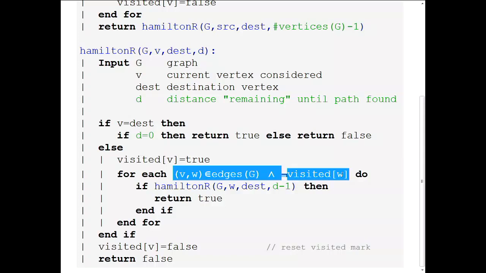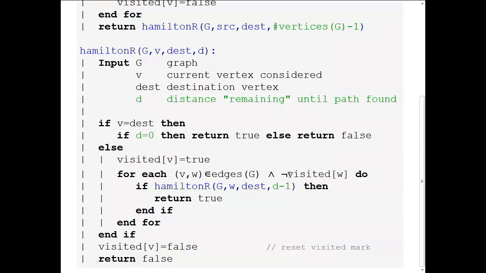So what I'm saying is that I'm looking for edges so that W, the neighboring node, has not been visited yet. And I continue my depth first search with that new vertex W and with a reduced depth, because I've visited one more vertex. And if the depth before that was 10, then the depth now would be 9, and so on.